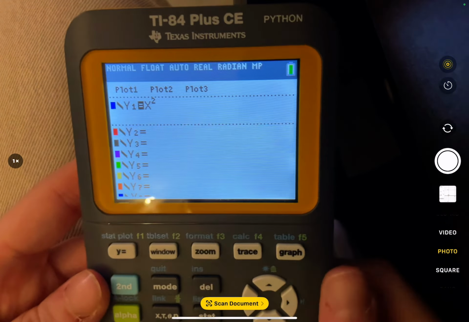Now, when we're just looking at this, can we see where every single point is exactly? It's a little difficult. So what we can click is second graph again, and it gives us a table. That table will tell us all of the values we need. So our table has 0, 0 in the middle. So we're going to enter 2 points on each side of it.